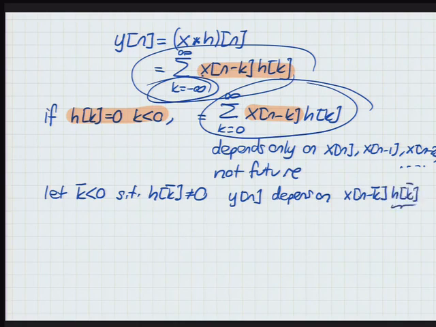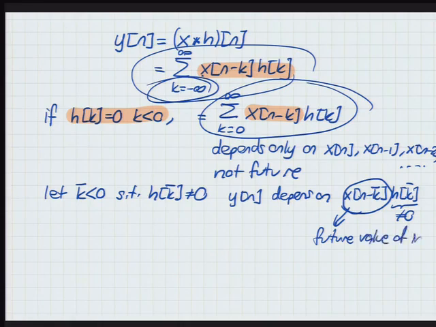This guy is not 0. We can't ignore this term. So that means this input is essential for the output, right? The output is dependent on this input. And k bar being negative means it's a future value. If k bar is negative 1, say, this is x of n plus 1, right? So this is a future value of the input, okay? Therefore, not causal.